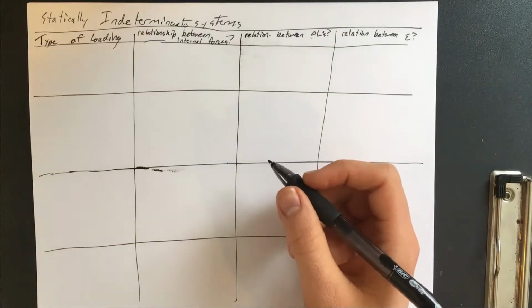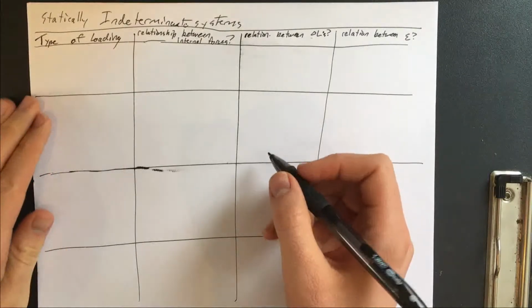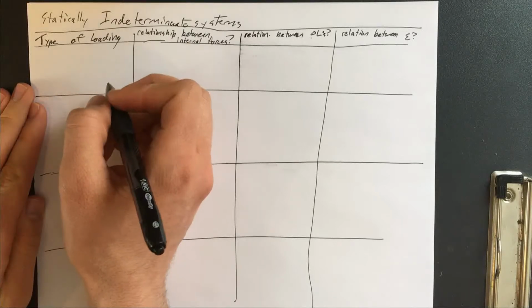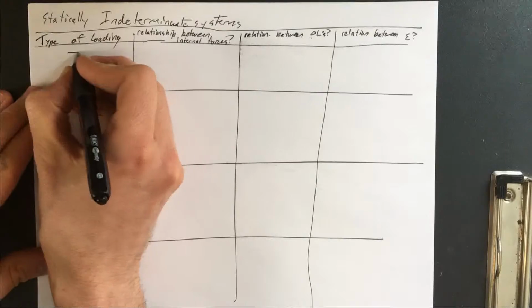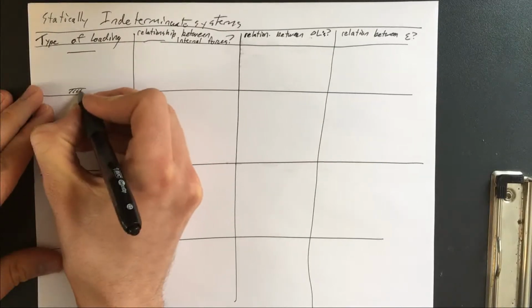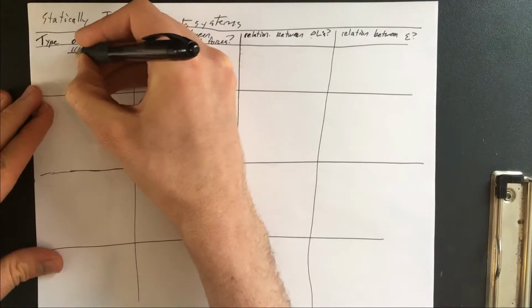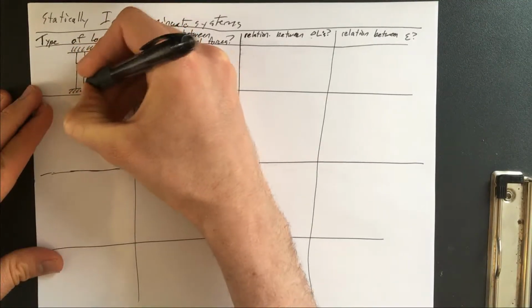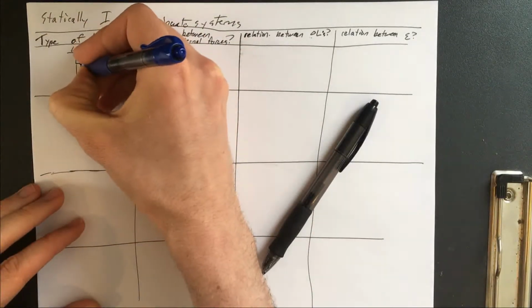Oftentimes these statically indeterminate problems come from beams or various bodies that are constrained in multiple places. So for example, maybe we have 2 rigid walls like this, and there's a beam between them that's divided into 2 parts, and a force is applied at some point in between them.